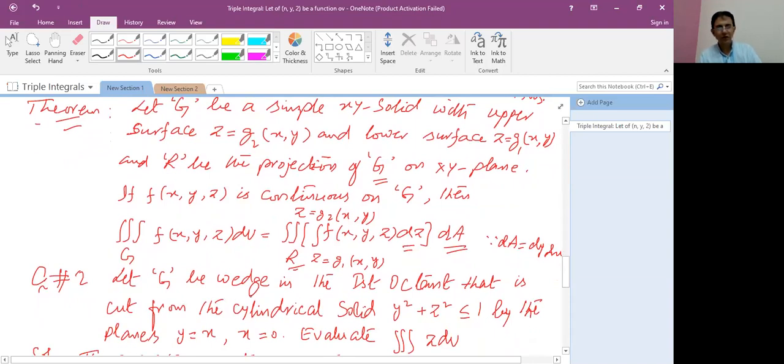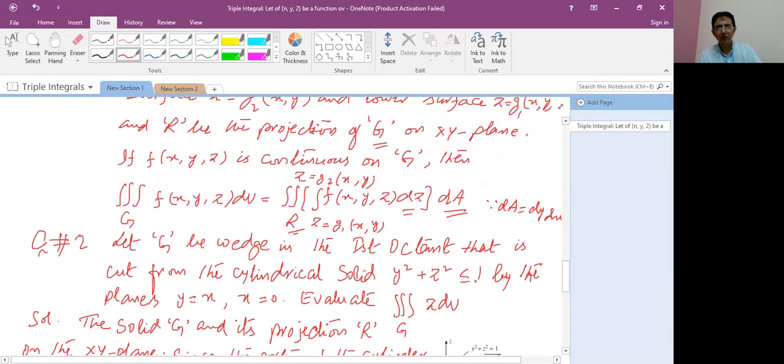Now let G be the wedge in the first octant that is cut from the cylindrical solid y squared plus z squared less than or equal to 1. It means the cylindrical solid is formed here in this first octant by the planes y equals x and x equals 0.